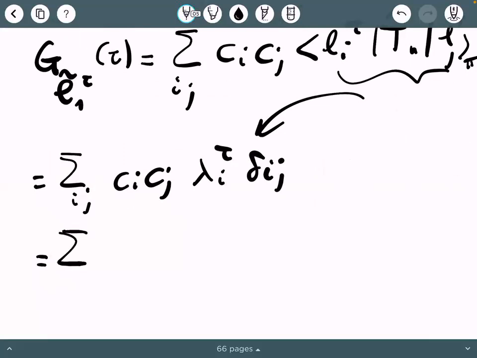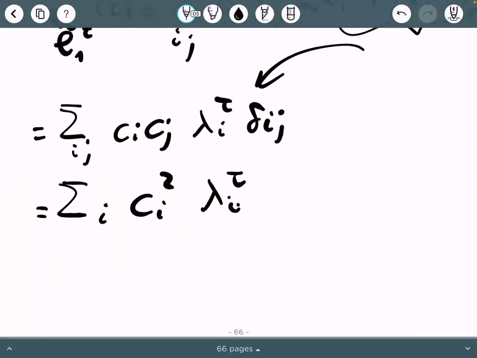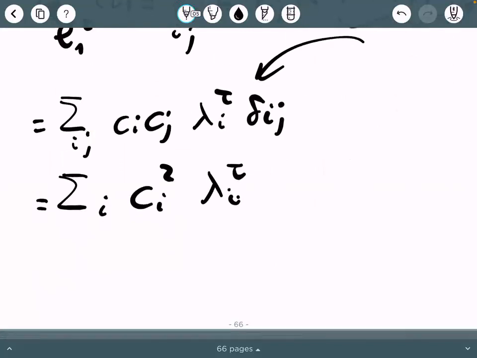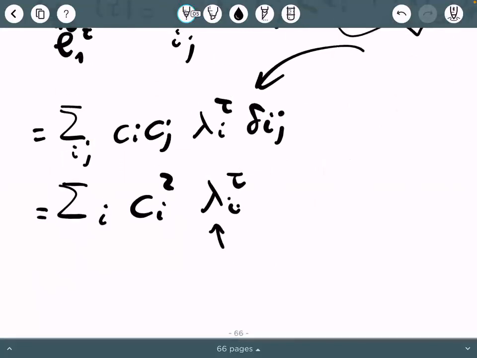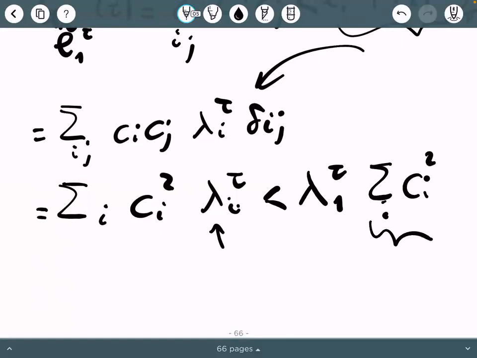I get the sum over i of c_i squared lambda_i(tau). Now, each of these is smaller than lambda 1, so I can bound this by lambda 1 times the sum over i of c_i squared.